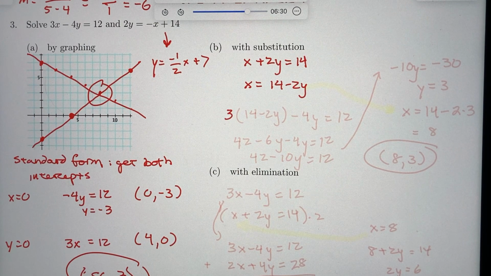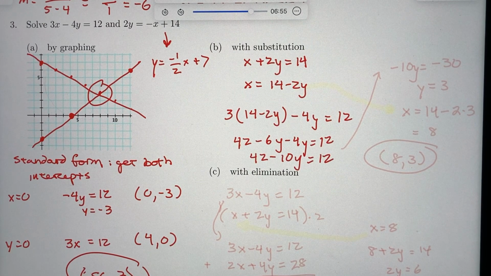So 3, turn x into 14 minus 2y. 3x minus 4y equals 12. Now I have the equation with just y's. Distribute the 3. So 42 minus 6y minus 4y is 12. 42 minus 10y is 12.